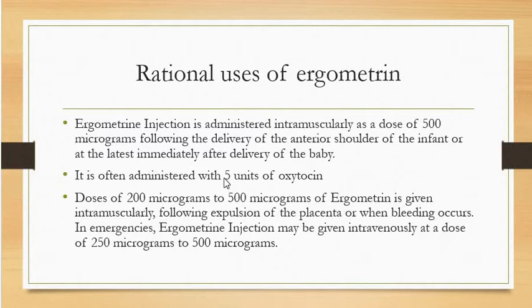We can also give it along with 5 units of oxytocin, because both have the same kind of properties, so it will be for a synergistic effect. A dose of 200 to 500 micrograms can be used intramuscularly, or if there is an emergency situation, we can also use it intravenously at a dose of 250 to 500 micrograms.